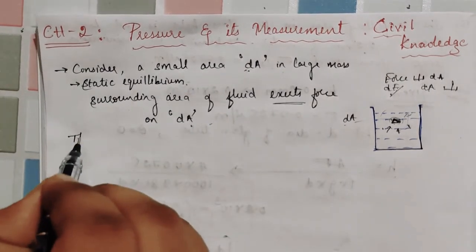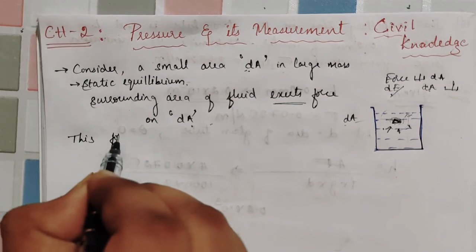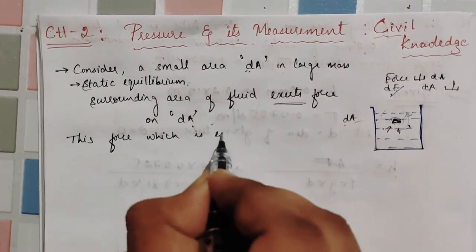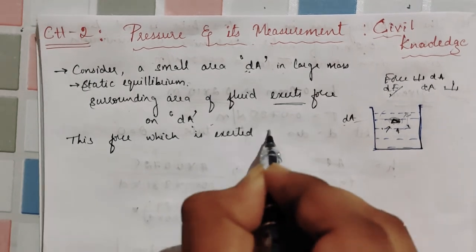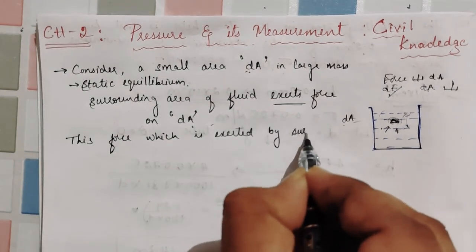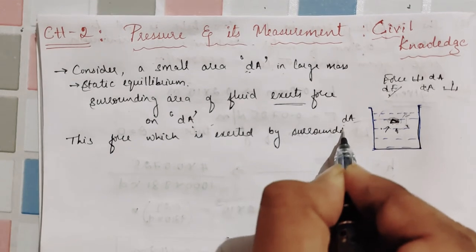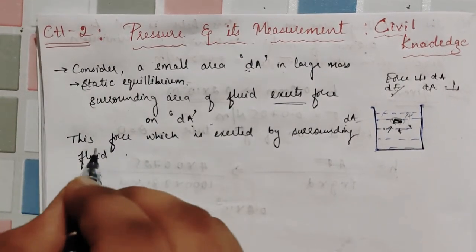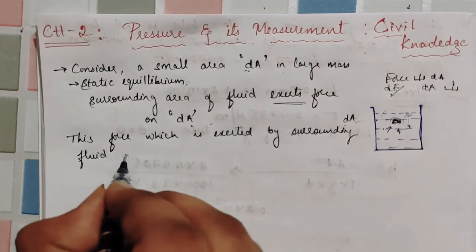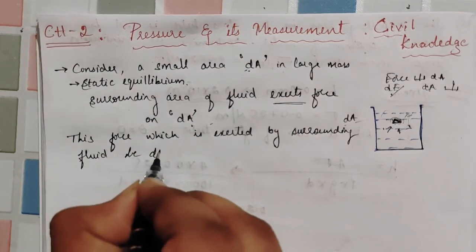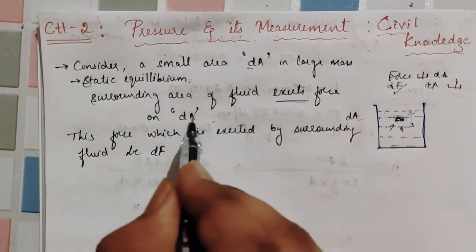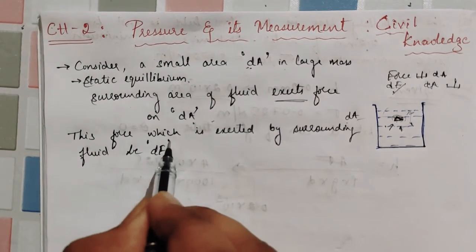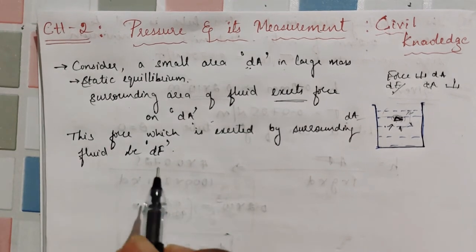So this force, which is exerted by the surrounding fluid, be dF. So on the small area dA, the force is the small force dF.